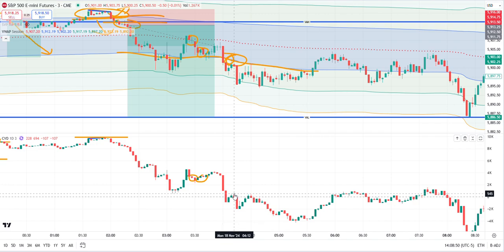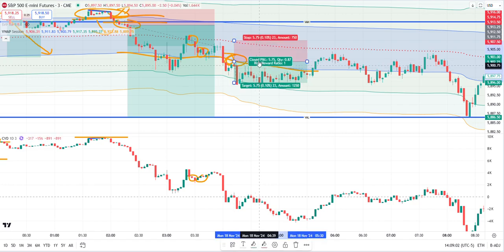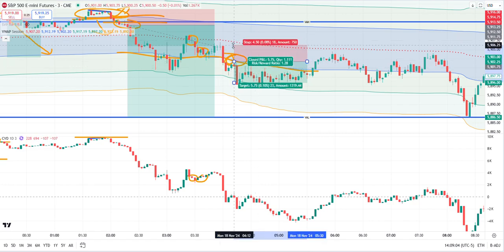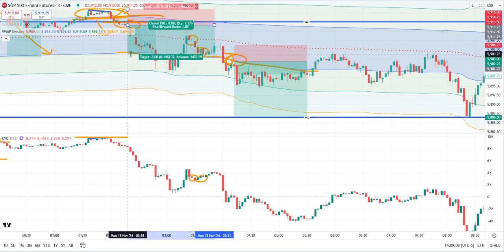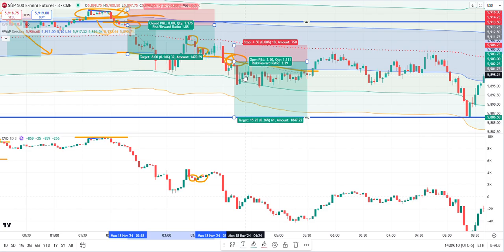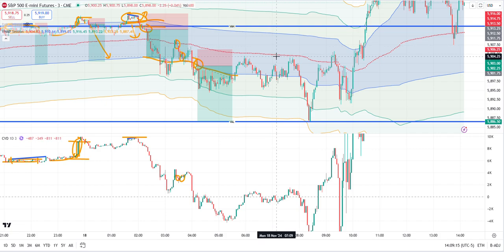Could get short from here, stop above where sellers stepped in, so above this candle. Get short here, stop above where sellers step in, target down here. So this one would be 1 to 2, and this one would be 1 to 3, both hitting targets.